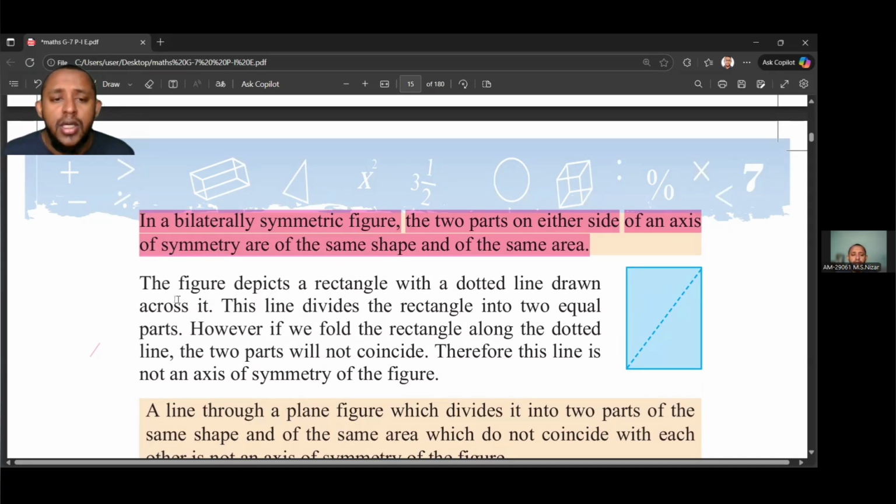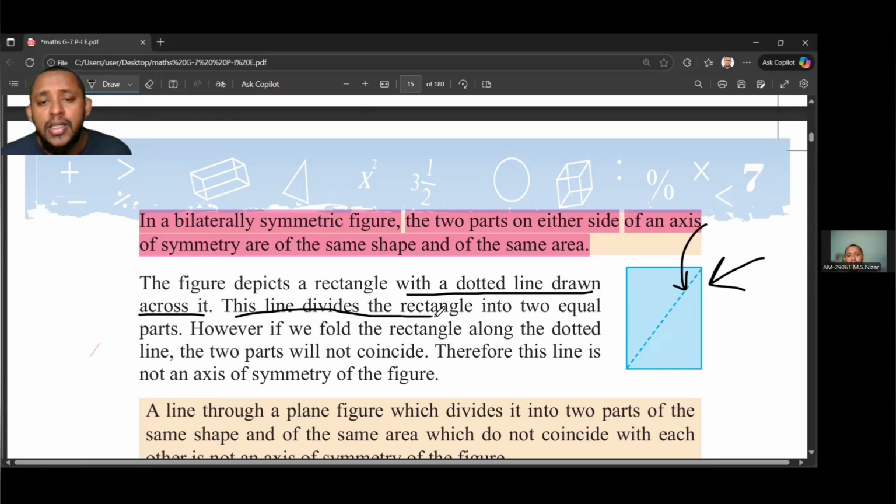The figure depicts a rectangle with a dotted line drawn across it. This line divides the rectangle into two equal parts. That's true.